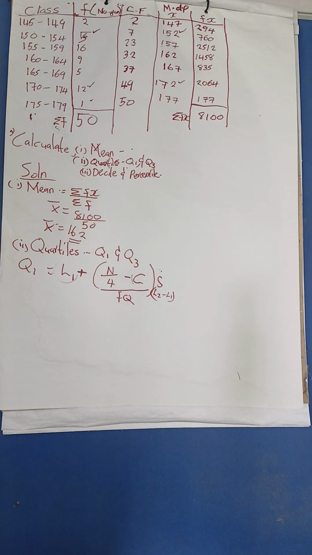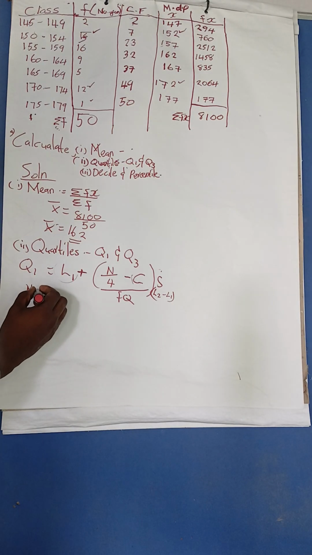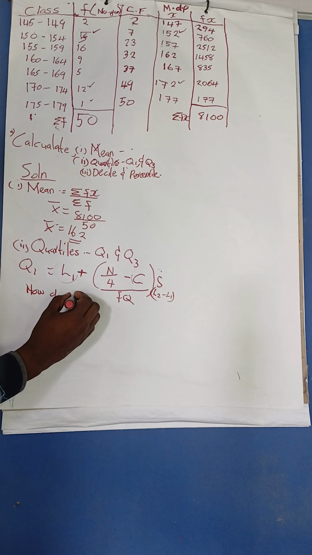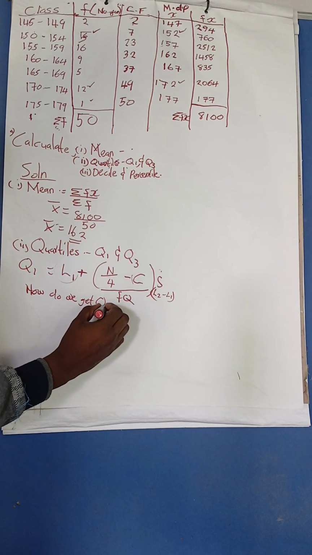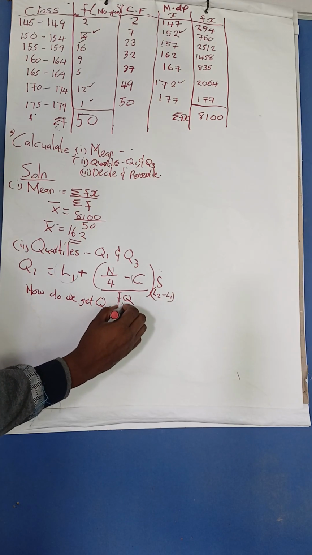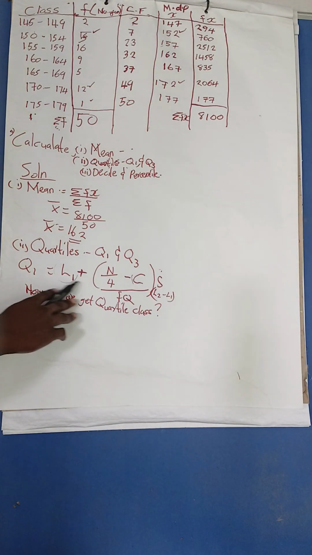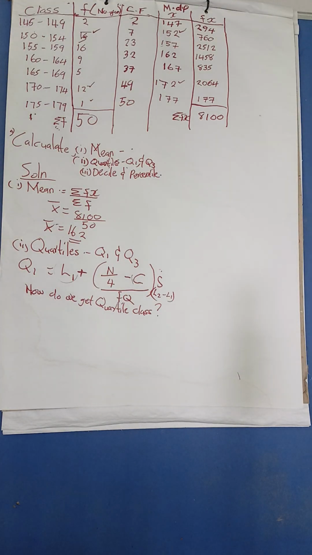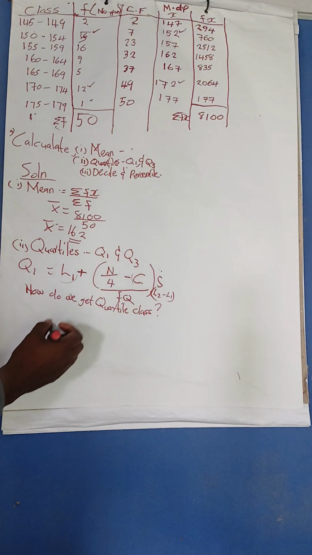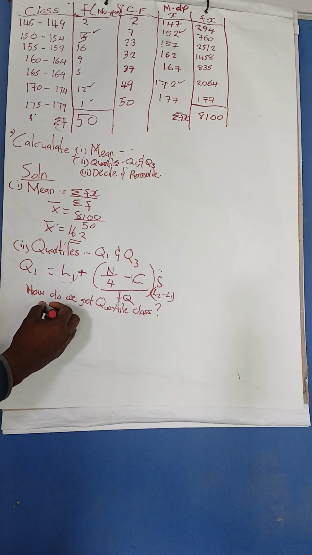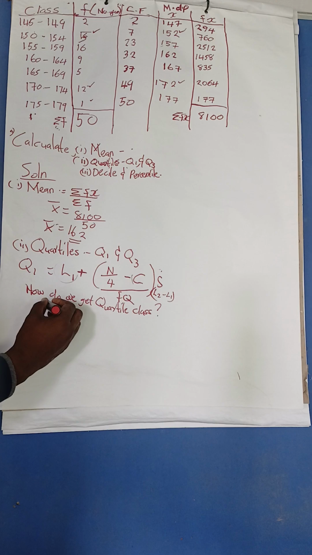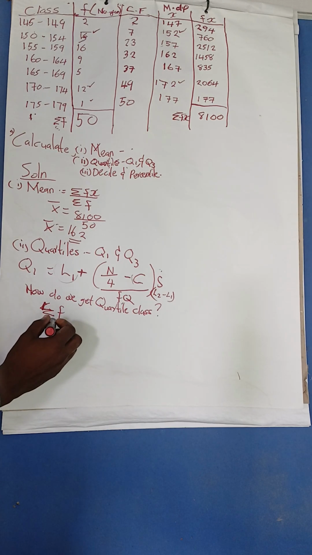That's wonderful. Good. Now, we ask ourselves, how do we get the quartile class? That is always the question, because you realize everything at the end of it I'm mentioning the quartile class. So it's very easy. The formula now, I'm dividing my data into 4 equal parts. So the formula for getting the class is N, the total summation of f, divided by 4.